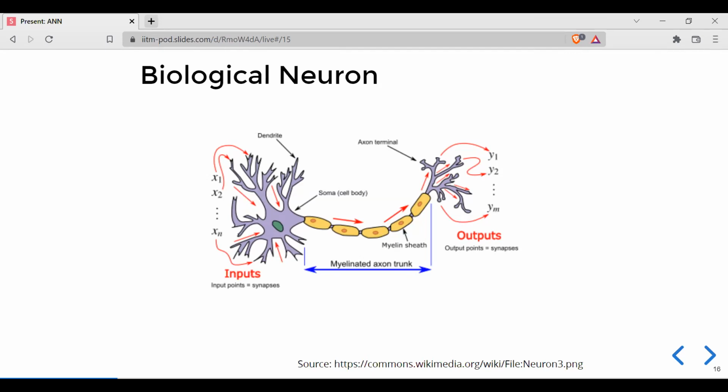Your neurons take inputs from the environment, process them, and pass them to different neurons, and finally the brain gives the output. So you have a network of neurons, where the input is passed from neuron to neuron and processed within the neurons. We want to mimic the same kind of network so that we can solve complex problems. The idea is taken from the biological neuron system, which is why it is called an artificial neural network.